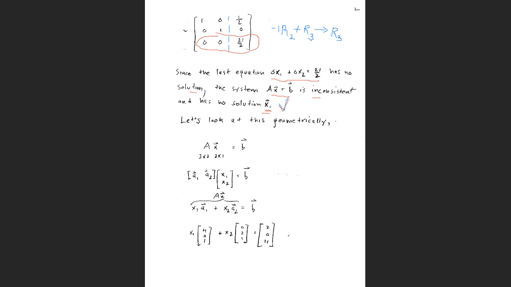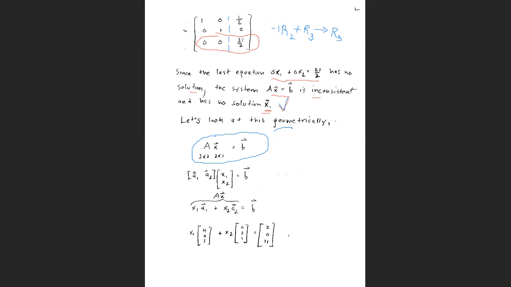To understand a least squares solution, I want us to look geometrically at what's going on with our system of equations here. We started out with the matrix equation A times X equals B, which represented a system of 3 equations and 2 unknowns. But the 3 equations were all different, and we found there was no solution.